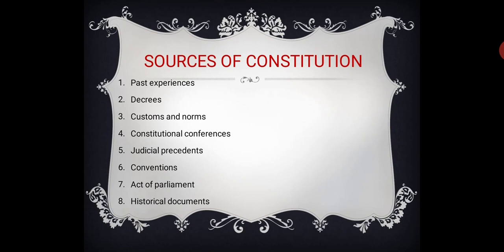These are rules and guides for behavior which are not written down but which people show their disapproval when violated. Number 7, Act of Parliament. These are bills passed into laws in the Parliament. They form part of a new constitution.